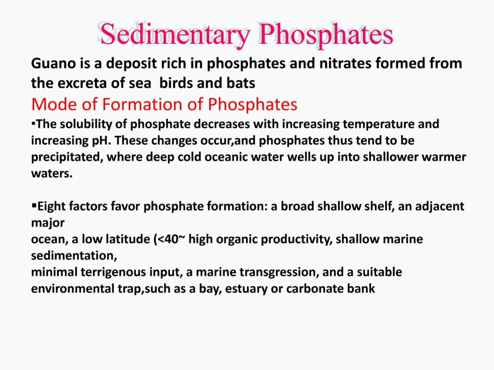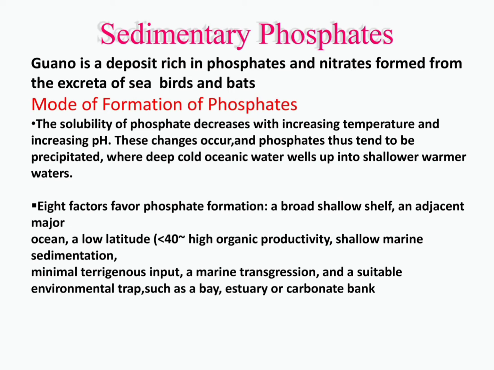Increase in temperature you understand, but what is increase in pH? Increase in pH means you move from acid to base. So the increase in basicity will lead to a decrease in the solubility of phosphate.